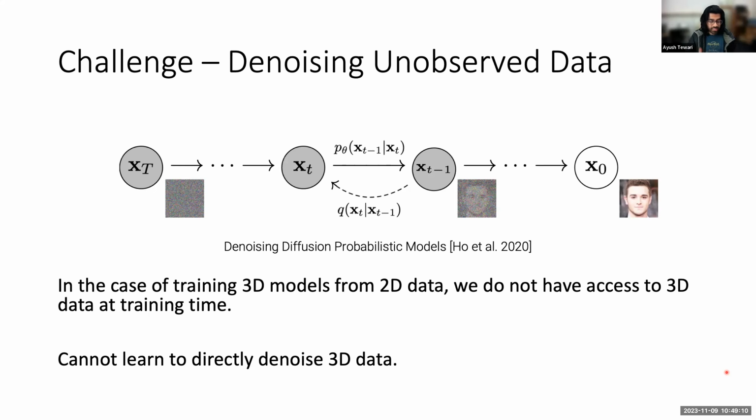We can train on images, we can train on videos. We do not have access to 3D scans. So in that case, we do not have samples of these X0 that we're trying to model. So how do we generate XT, and how do we supervise XT minus 1? We don't have the quantity that we want to add noise to in the first place. So this means we cannot rely on the naive way of training diffusion models.